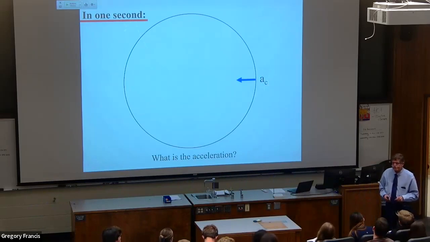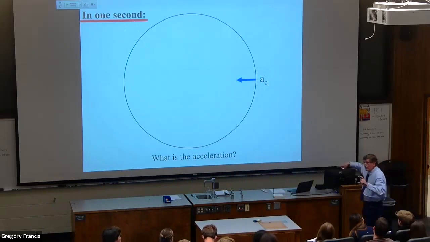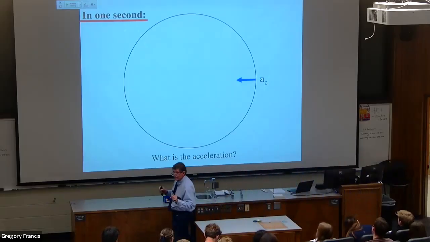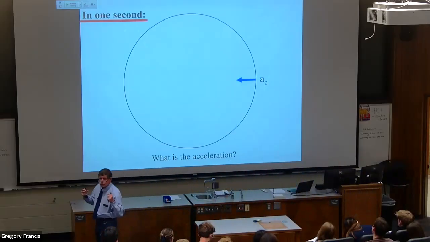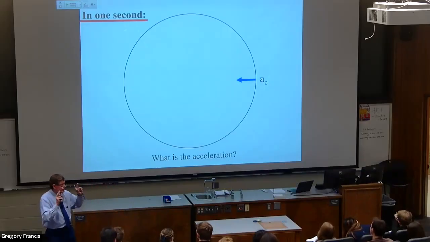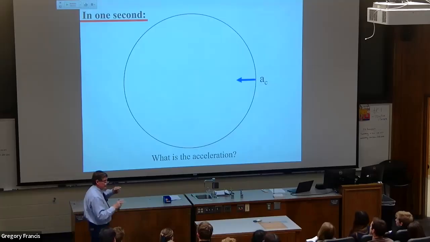Okay? Now, what if I went around not at 30 miles an hour, but 60 miles an hour? What has to change in this picture? There are 2 changes. Talk to your neighbor. What has to change in this picture?